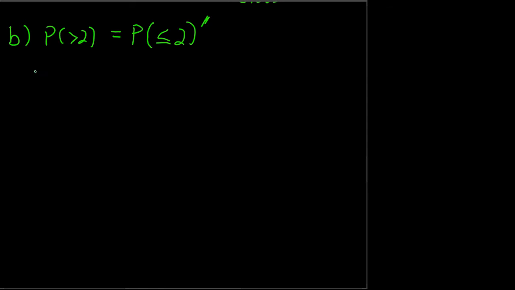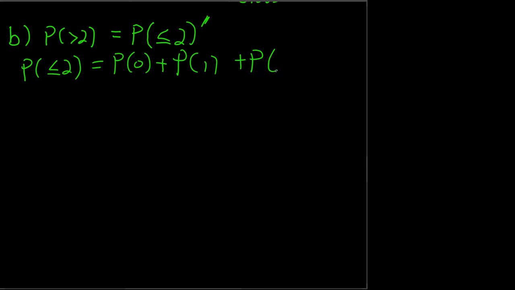And so less than or equal to 2 is going to be the probability of 0 plus the probability of 1 plus the probability of 2. What's really, really nice is I already have the probability of 2. That was the 0.255.